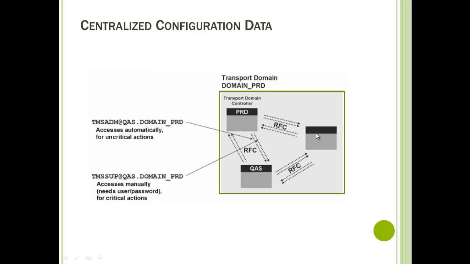Then when you create a TR from the development system or release it to the quality system, once you are done, that particular TR will be available in the queue of the development system. When you create every transport request and release it to the next system, it will be available in the transport queue, that is called the import queue. So this import queue will be readily available in the virtual system.